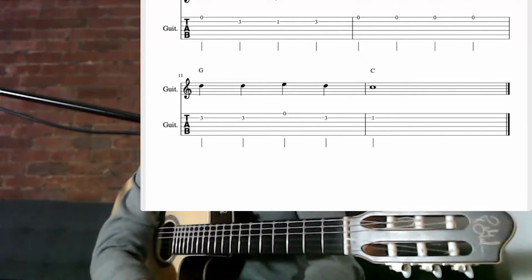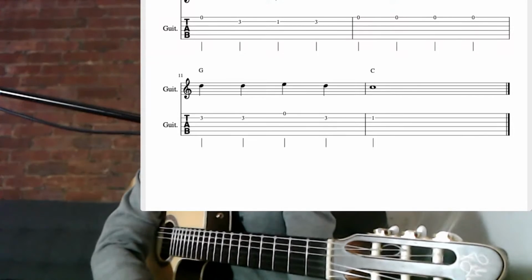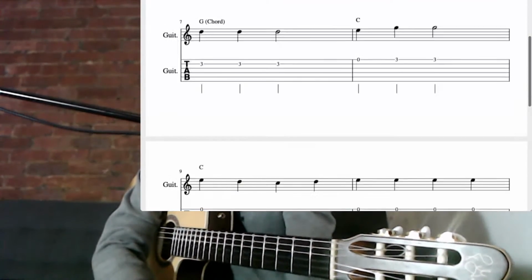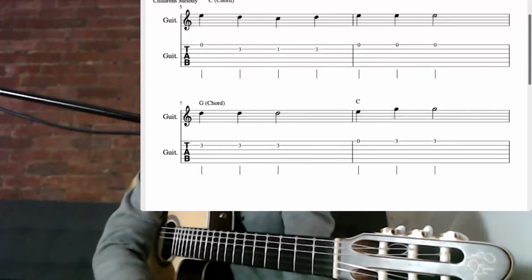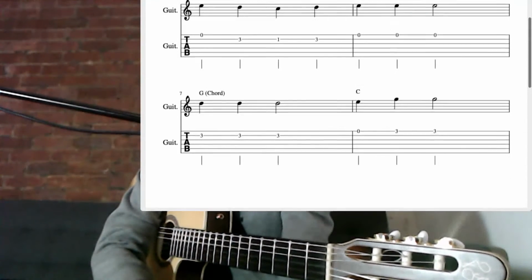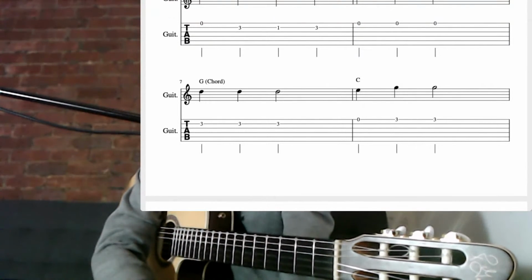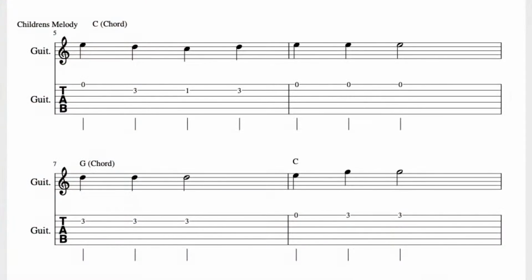Anyway, so let's get to the end of this melody. Now, there's more. This might be new. We've got a high G. So high G is third finger on the top string.